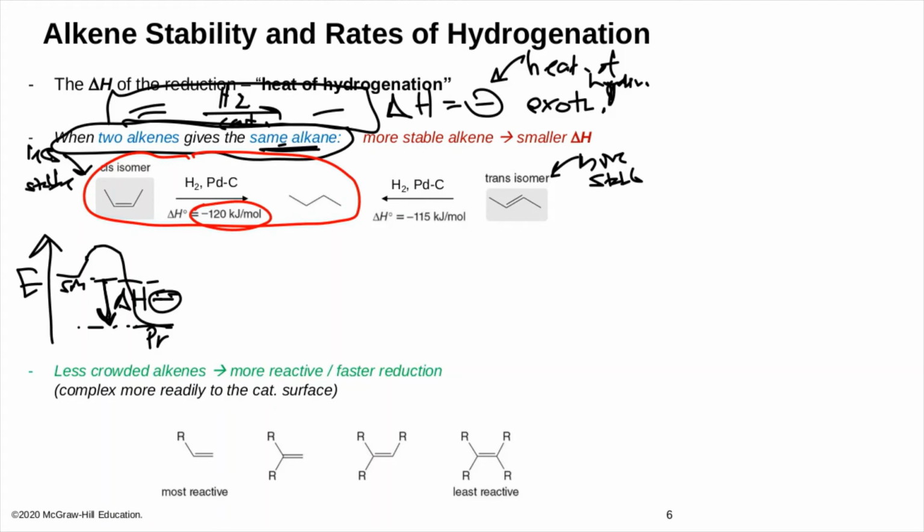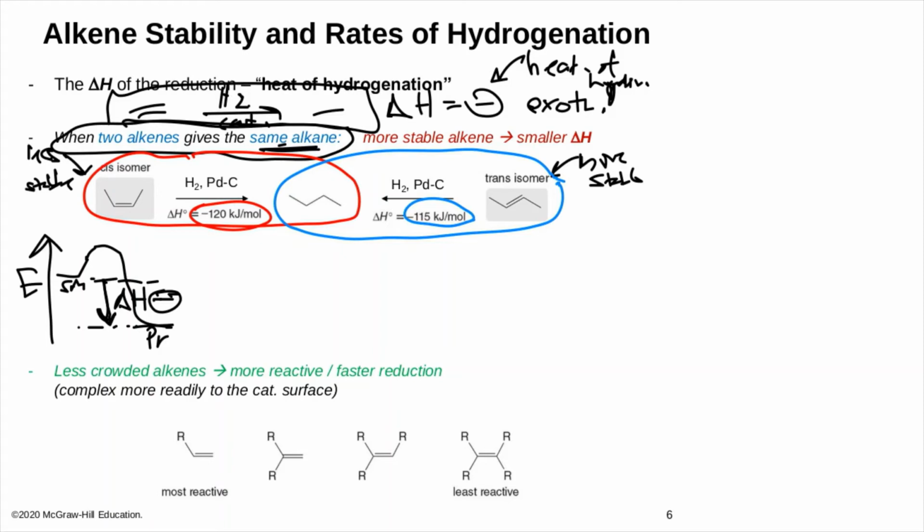That's its heat of hydrogenation. If we do the same reaction with the trans isomer, trans-2-butene, and we reduce it using the same conditions down to butane, notice we have a similar alkane product, okay? So our product's the same, it has the same energy. Now notice the heat of hydrogenation for the trans alkene is negative 115 kilojoules per mole.